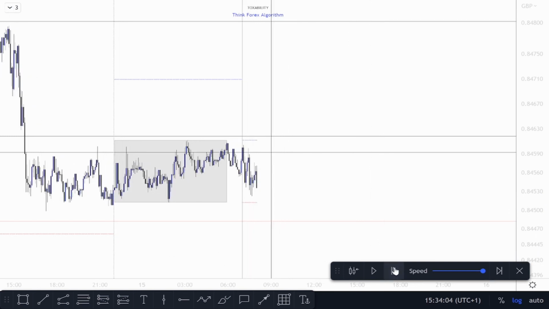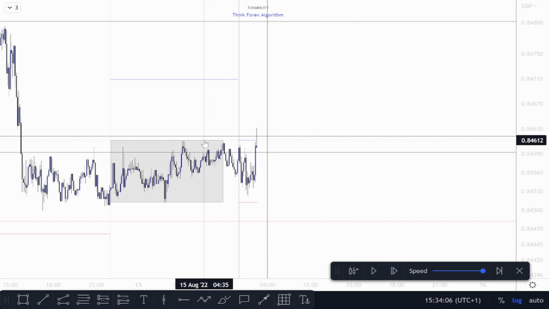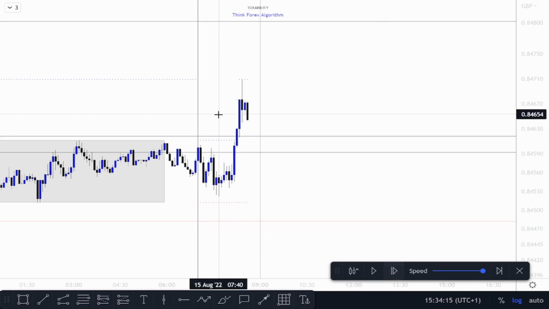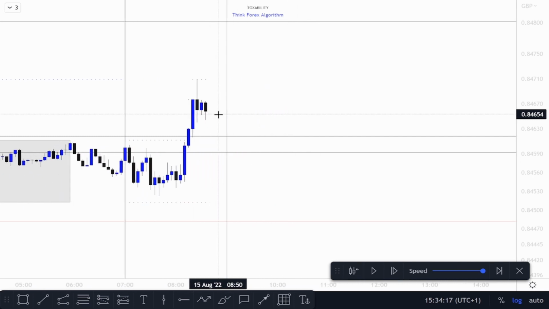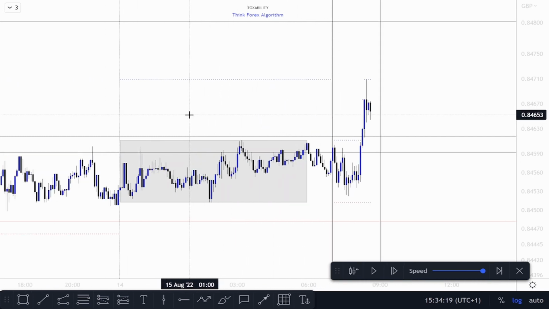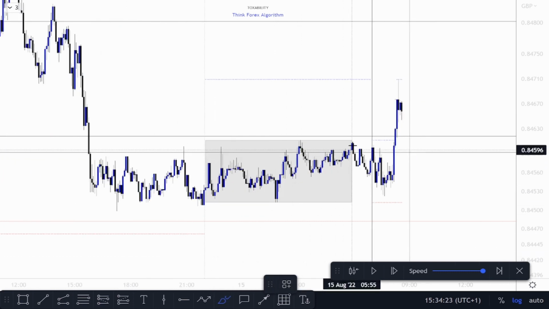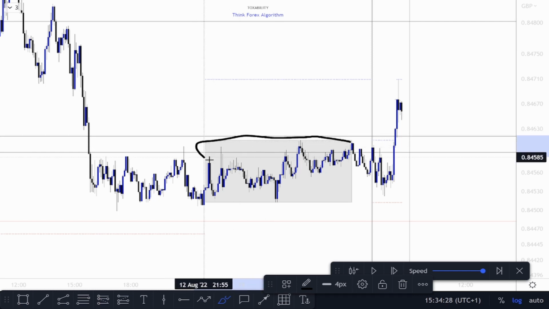Market is still going sideways. It hasn't broken any of the Asia high or Asia low, but now it did. Now we have a break to the upside. Now that we can see that there has been a strong break to the upside, everything that was resting around these levels has been taken.